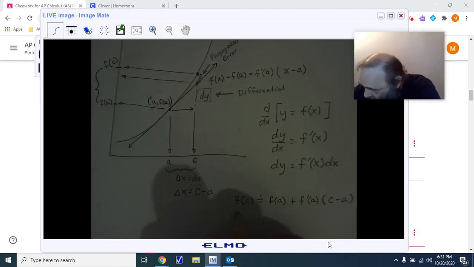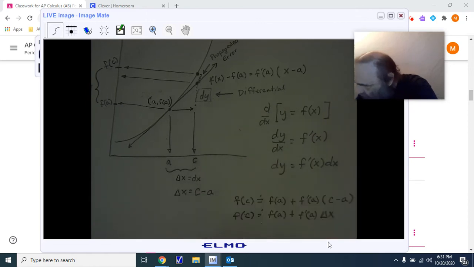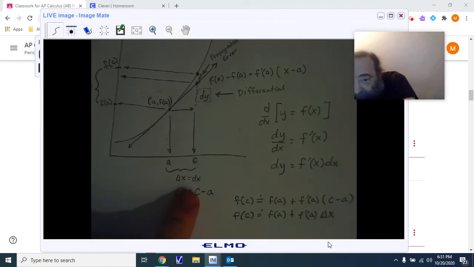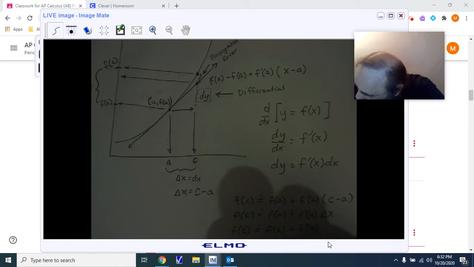So I can then say f of c is approximately f of a plus f prime of a times delta x. And because we as mathematicians have made the claim that delta x is dx, f of c then becomes approximately f of a plus f prime of a dx. And once again, this is dy, the differential. Make sure you can see that.